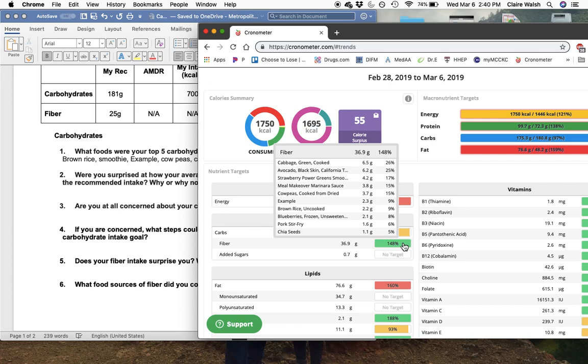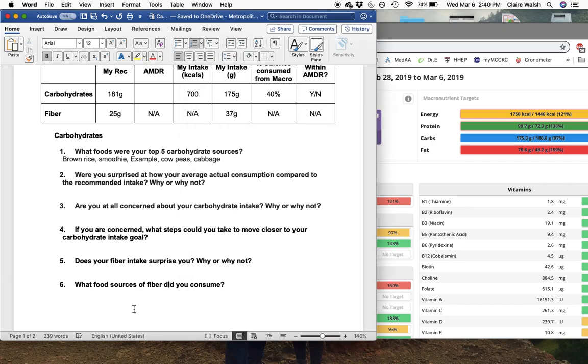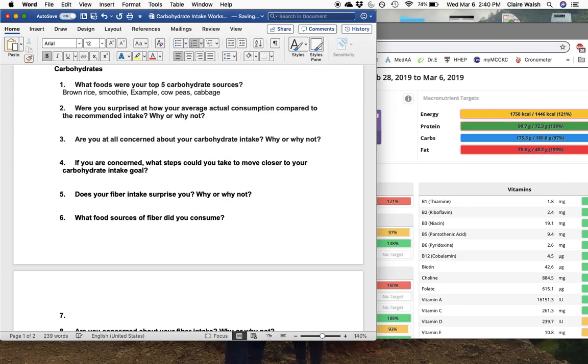And if it's something kind of obscure like meal makeover marinara sauce, pork stir fry, so those are recipes that I entered. And I would expect that you would write, unbolded, meal makeover marinara recipe, pork stir fry recipe.